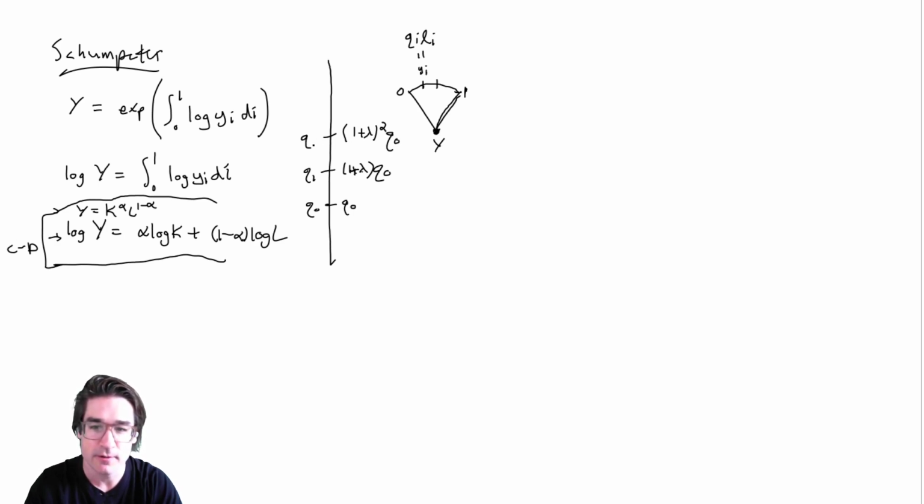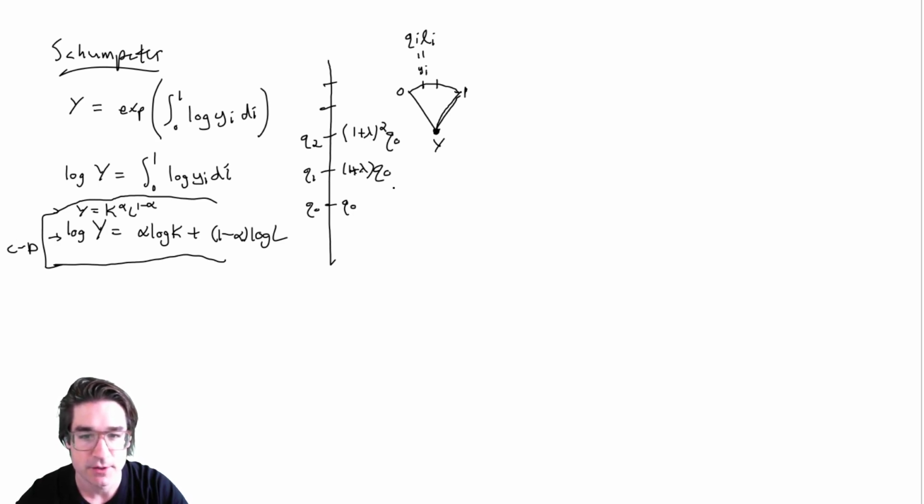So it's proportional improvements up what's called this quality ladder, and you keep going forever. That's the way that innovation happens: when you're successful, you come up with a new way of producing something, and you increment the productivity by a proportional factor lambda. So the new productivity becomes 1 plus lambda times the old productivity. That's the basic setup, and that's why it's sometimes called a quality ladder model.